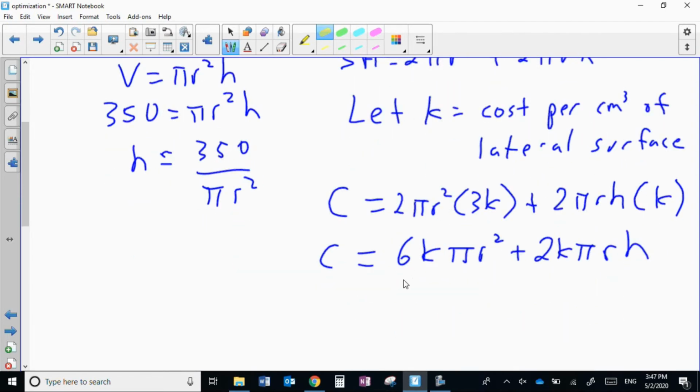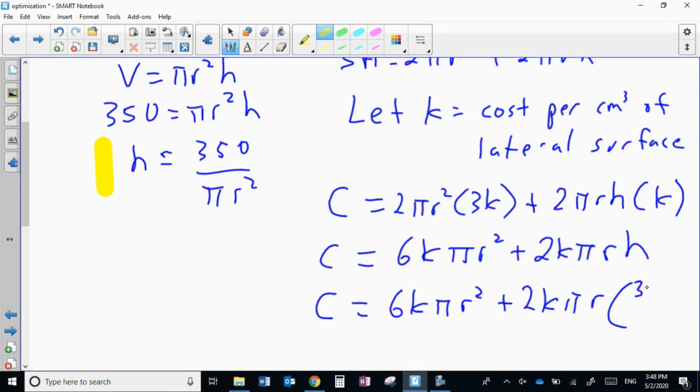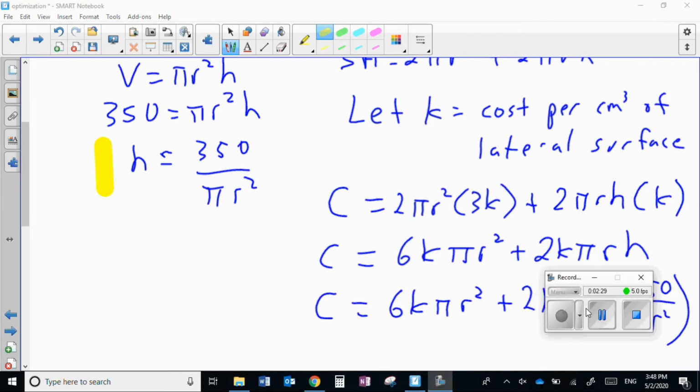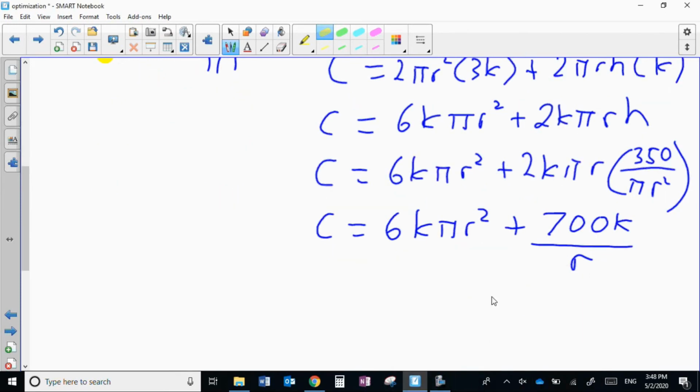Now, of course, there's a lot of variables in that, not as many as you think, because keep in mind, k is not a variable, and neither is pi, but we have an r squared and we have an h, but of course we can use this equation to replace h in the equation. Just like that. Okay, do a little bit more simplifying, and we end up getting our cost equation.